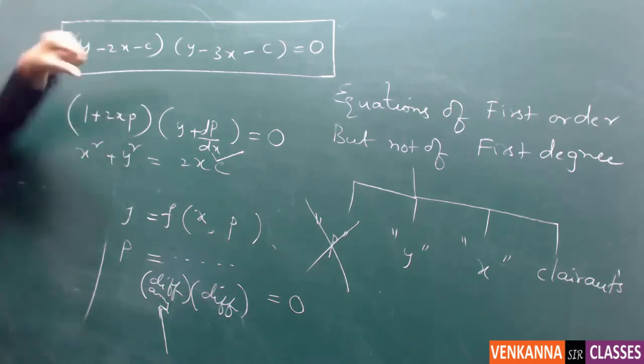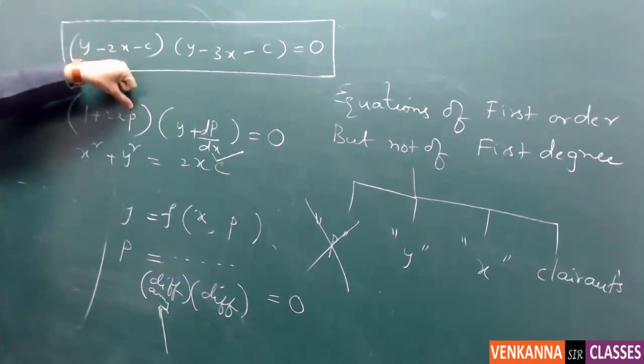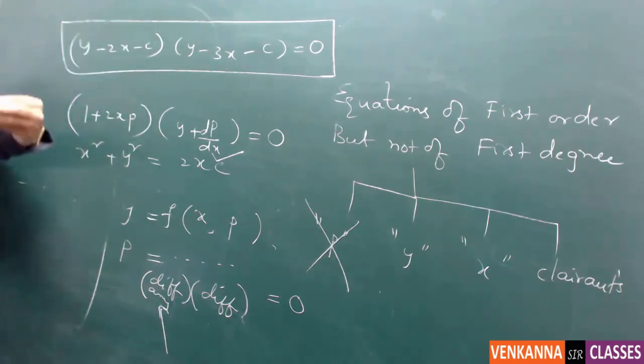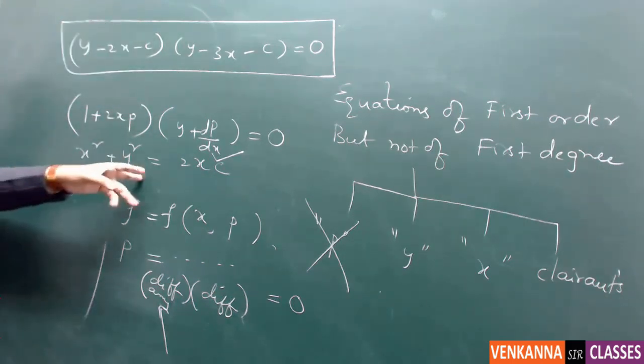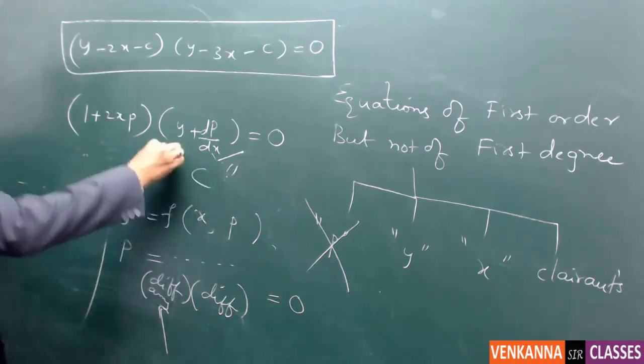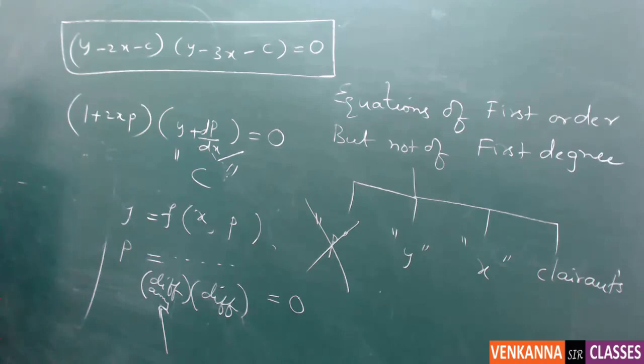Now if you substitute the value of p, minus 1 by 2x, in the given equation, straight away you will get a relation between x and y which will not contain the constant c. But it is also a solution of the given differential equation. So such a solution is called a singular solution. If you look into the syllabus, a singular solution is obtained like that.